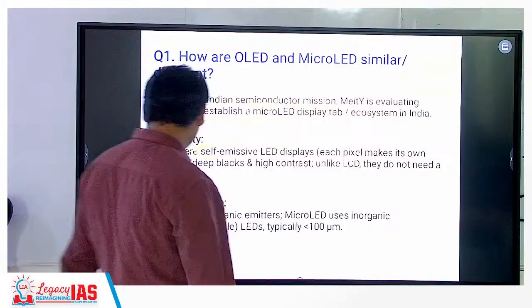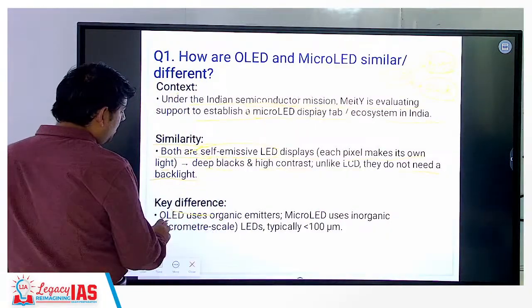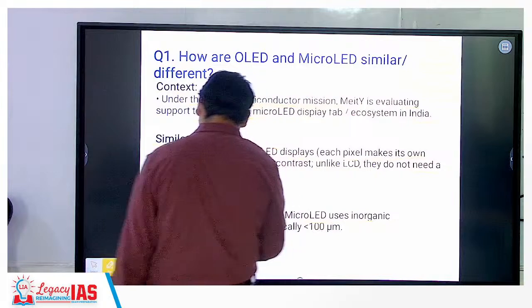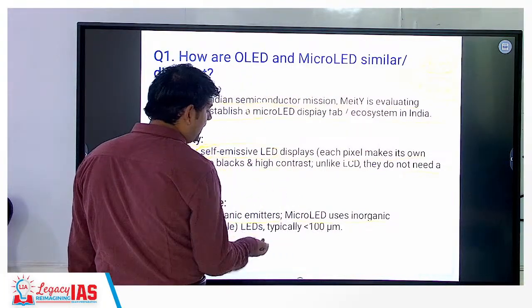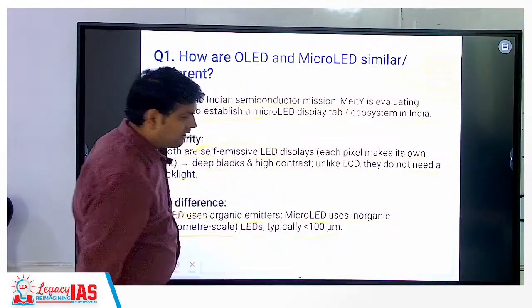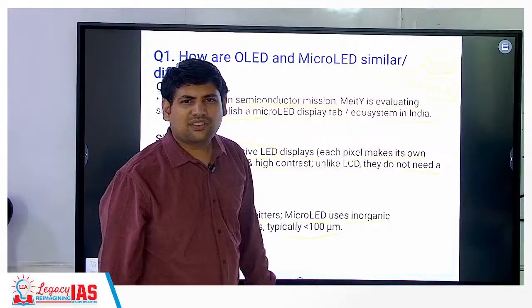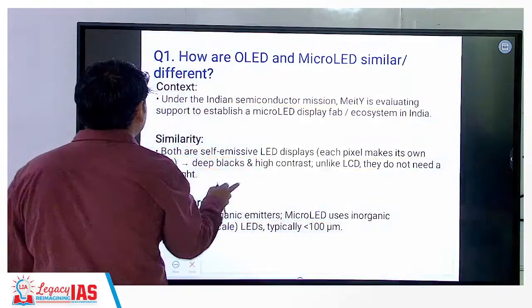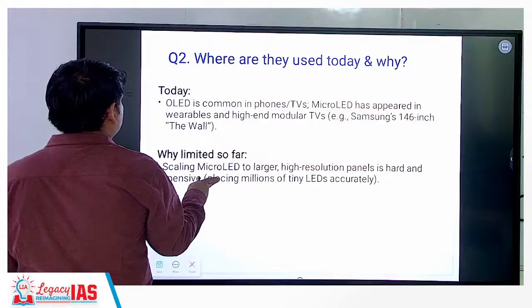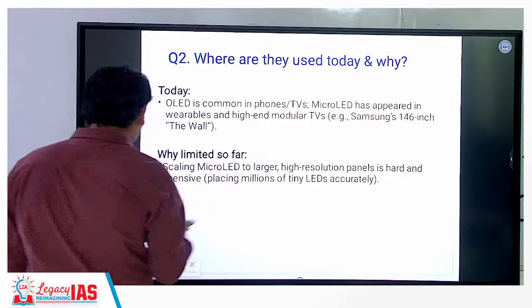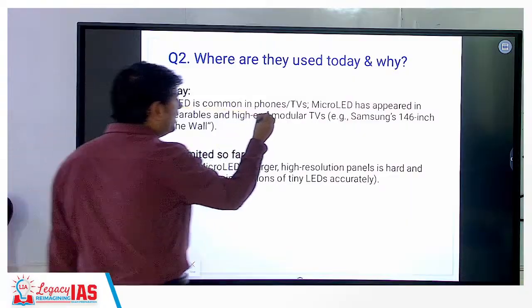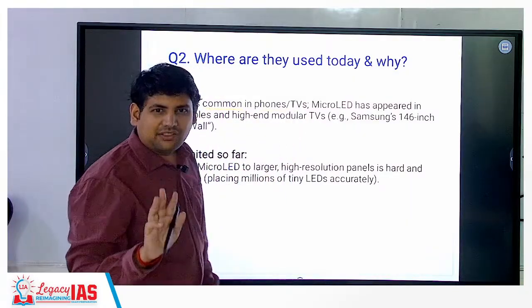Now next, the key difference: OLED uses organic emitters, micro LEDs use inorganic, micrometer-scale LEDs, typically less than 100 micrometers. Understood? Then where are they used today? OLED is now common in phones and TVs. Not every phone or TV.